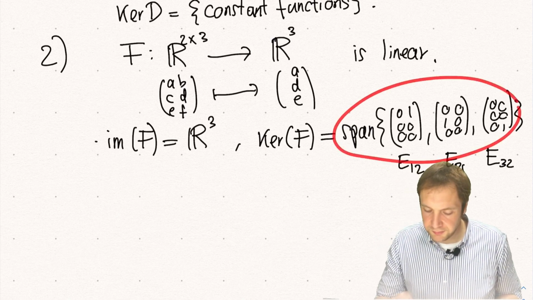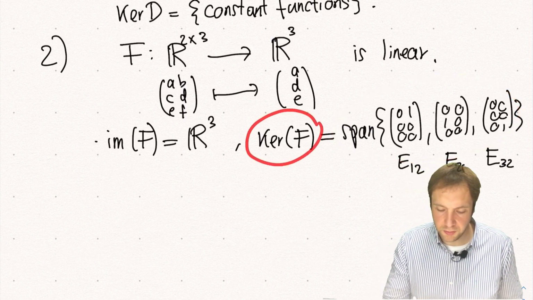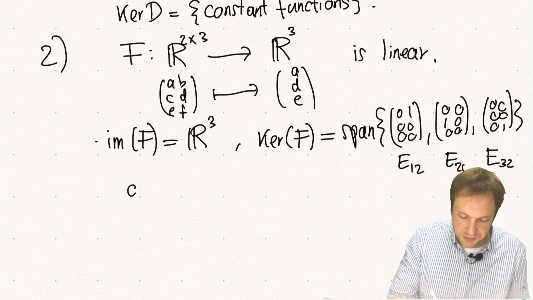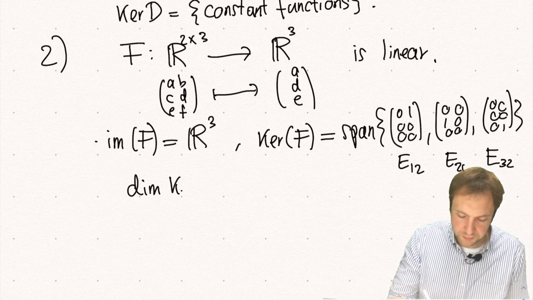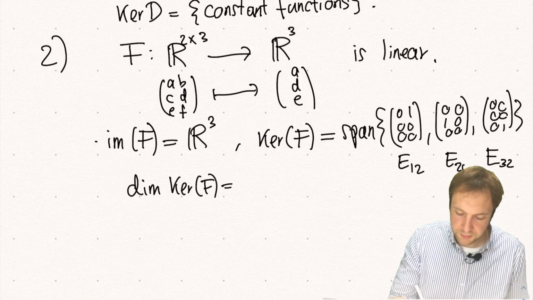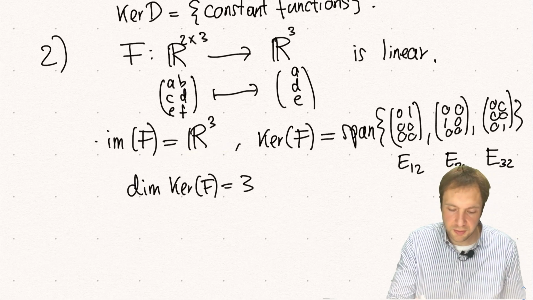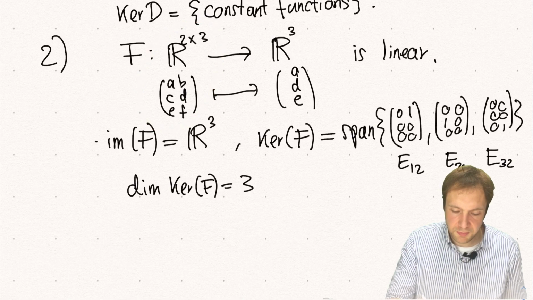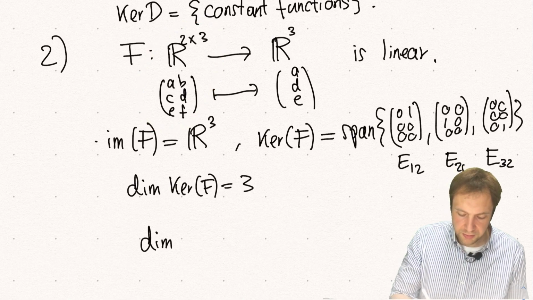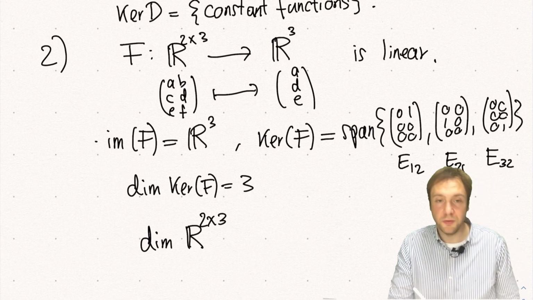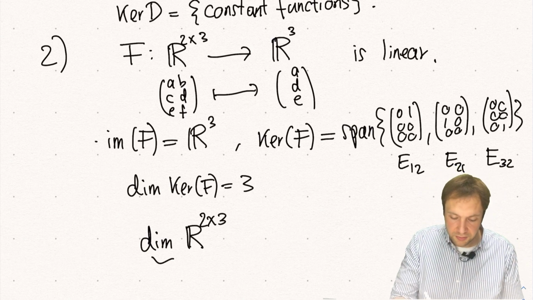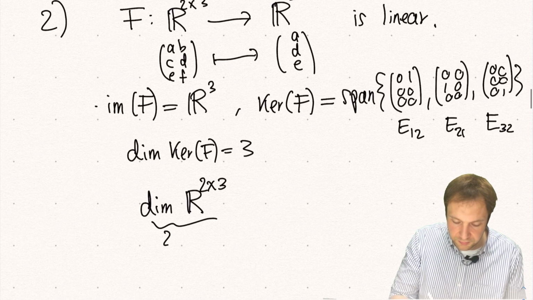So these form a basis of the kernel, and the dimension of the kernel is therefore 3, and the dimension of the image is also 3. And we see here, this we had as an example last time, the dimension of the 2 by 3 matrices is 2 times 3.